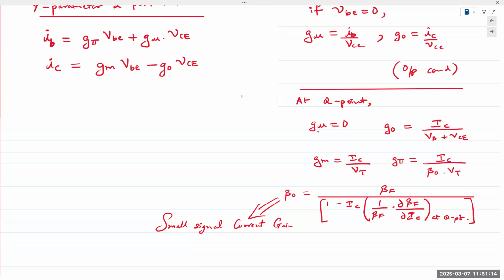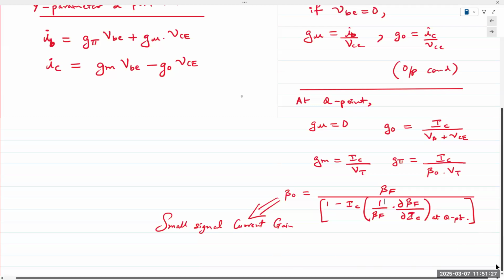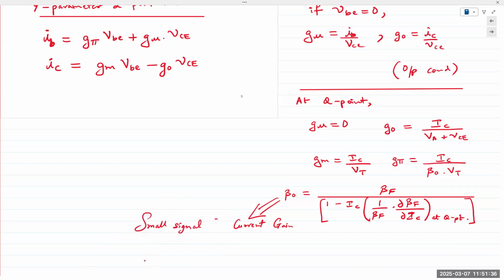So the transistor would have a beta F value, and you can determine the small signal common emitter current gain. This is the common emitter mode, so common emitter current gain.